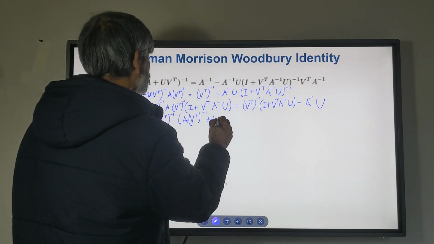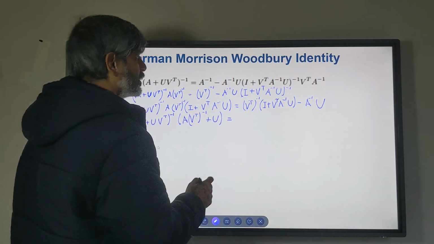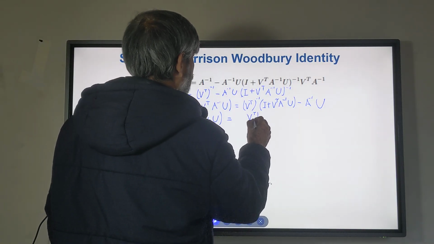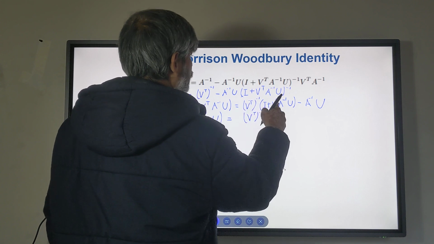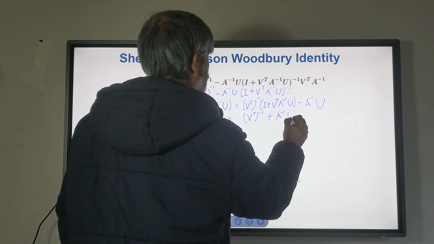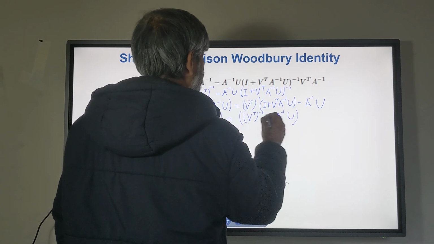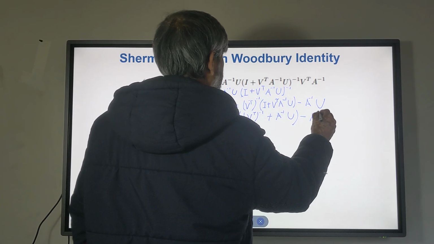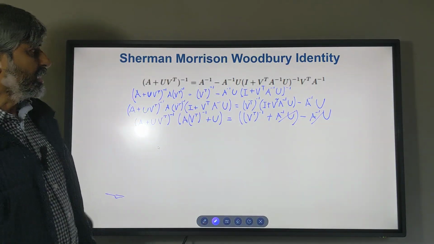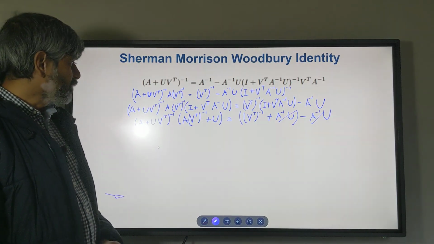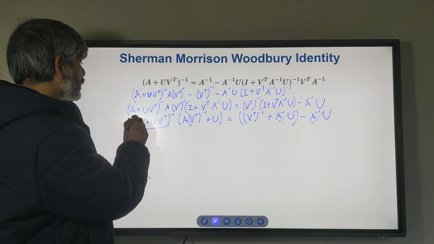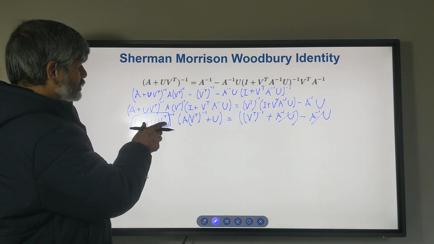So we have just U here, and I bring V transpose inverse inside, so V transpose inverse times V transpose is simply I, so this becomes plus A inverse U, and then minus A inverse U, and this A inverse U cancels out, so we just have V transpose inverse here. It has started looking simplified.